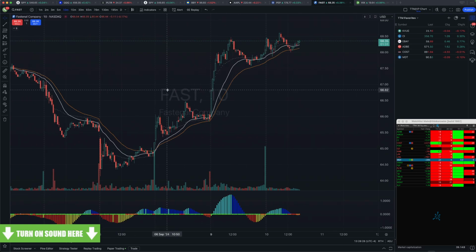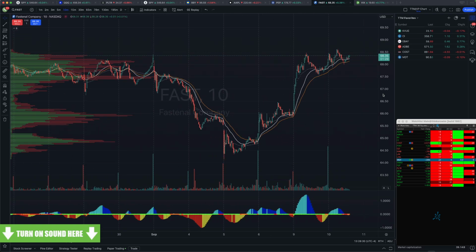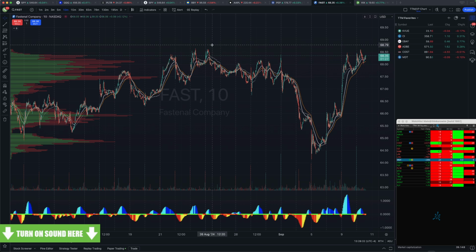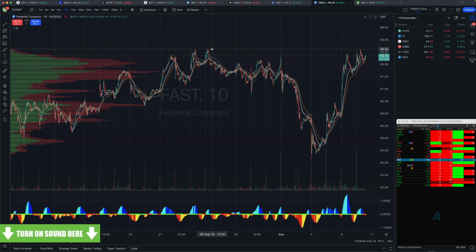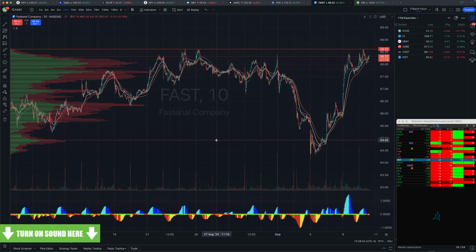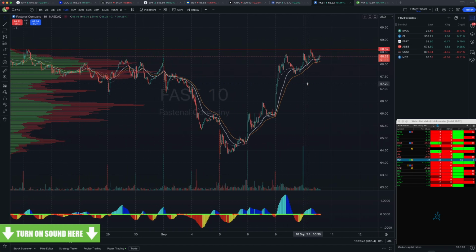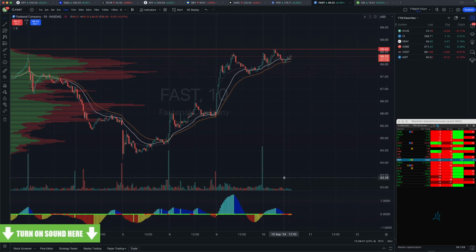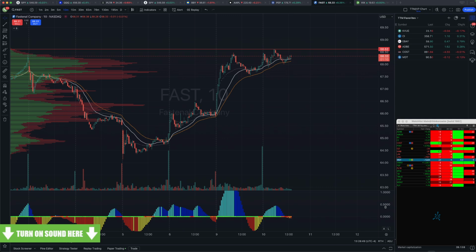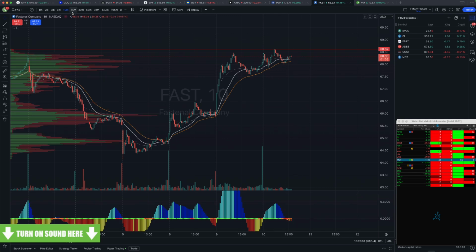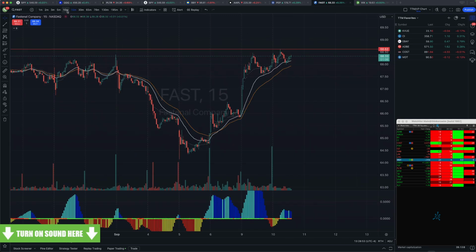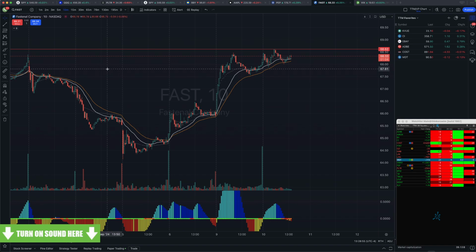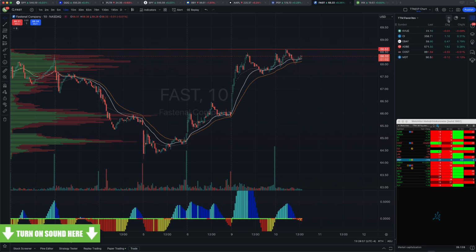Oh, I like this. I'd like to see Fast break that level there, maybe. It's a nice 10-minute squeeze. Is it A plus? That's a little on the dicey side. Okay, I'm going to put Fast on there.